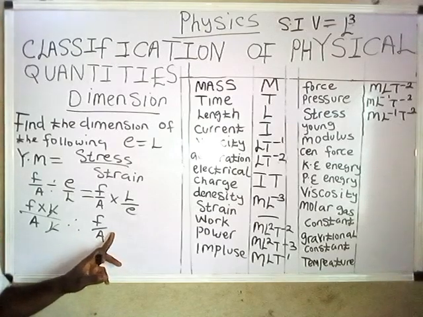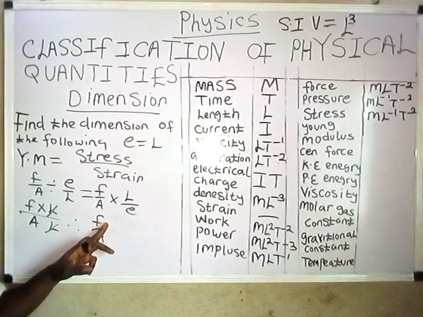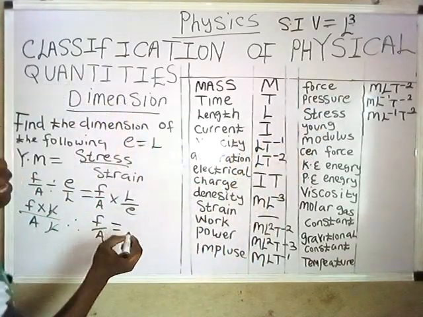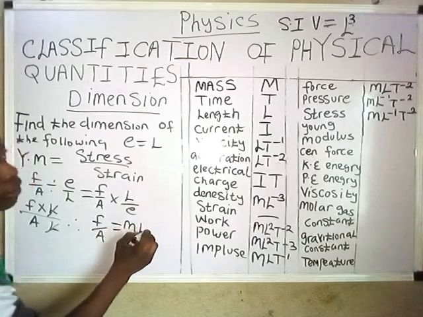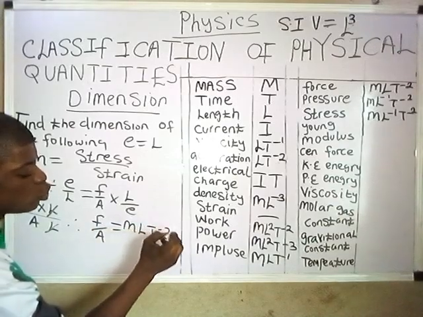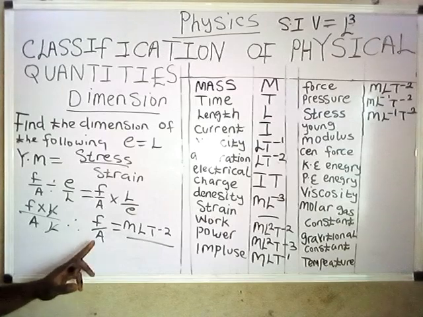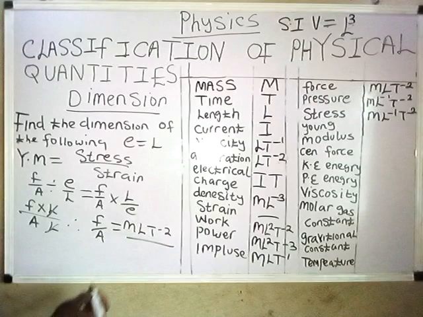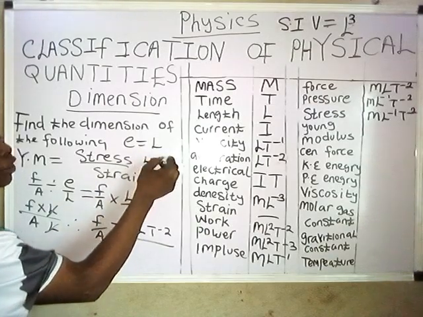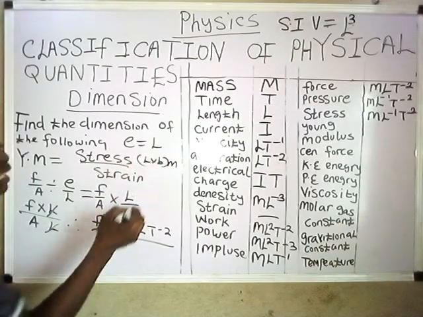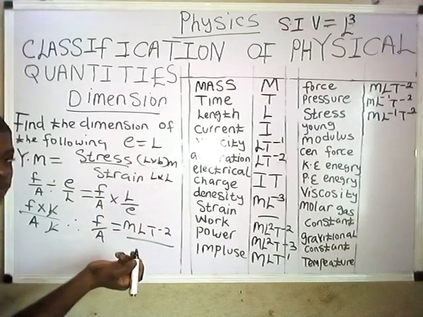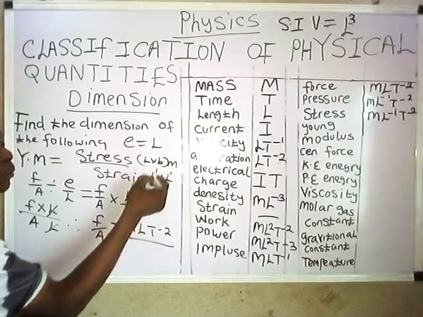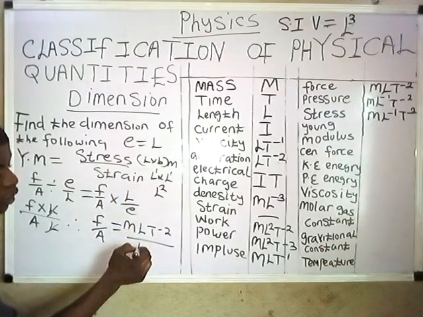And earlier I told you that the dimension for force in the table below is M L T raised to the power minus 2 over area, which is length times breadth. Both are measured in meters. So length times length, laws of indices, take one base. If one is here and one is here, add it to be 2. So L squared.